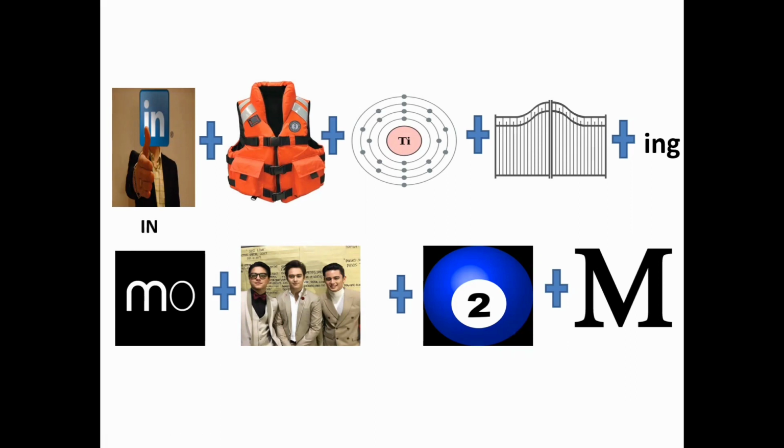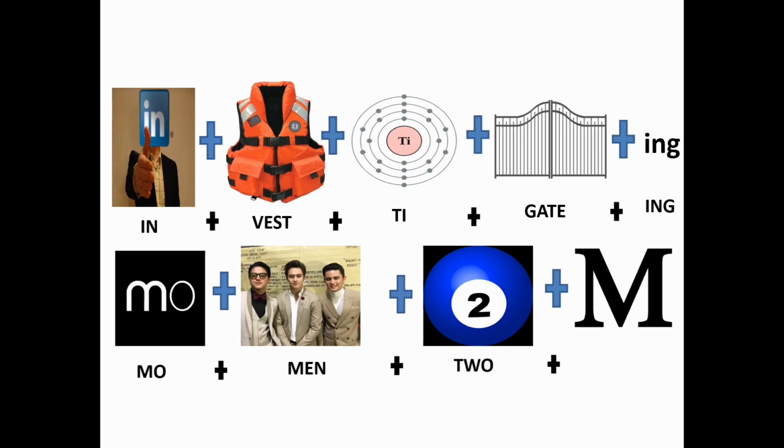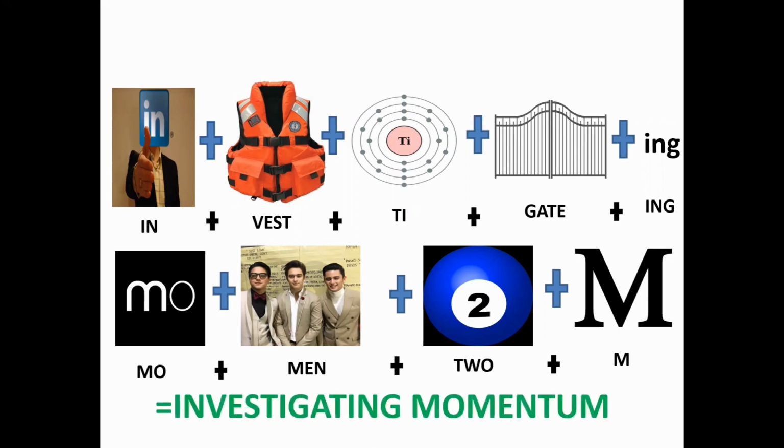So this is in plus best plus T plus gate plus ing. So that's the first word. For the second word, this is mo plus men plus number 2, and you add another m, we will have investigating momentum. So our lesson for today is all about momentum.